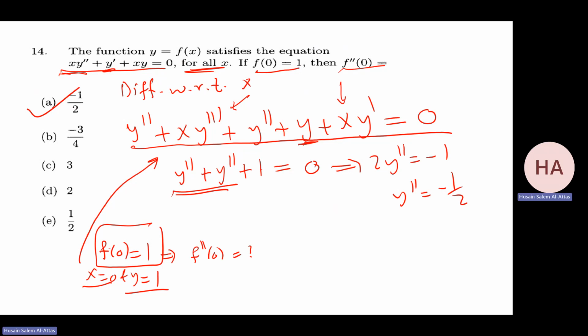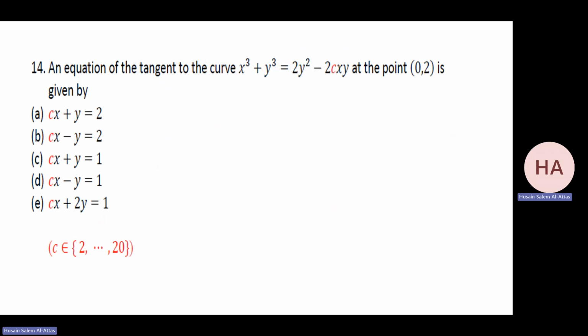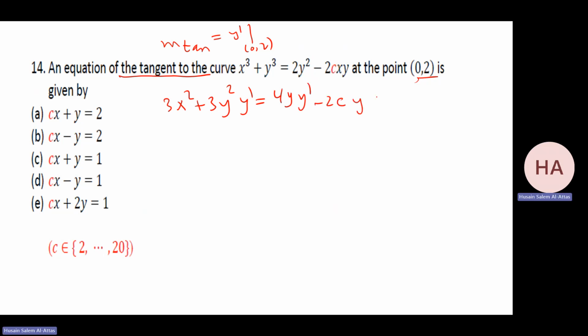Which is not a direct one. And the tangent line to this curve at this point is given by this. You want the equation of the tangent line. We need to find the slope, which is y prime at this point. Differentiate: 3x squared plus 3y squared y prime equals 4y y prime minus 2cy minus 2cxy prime. x equals 0, y equals 2. What will you get?